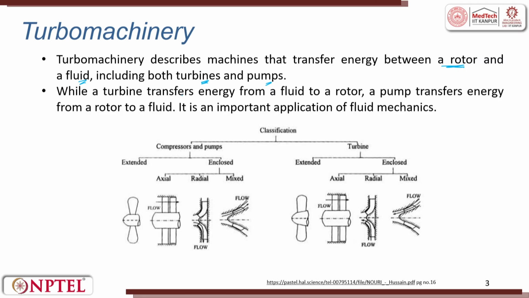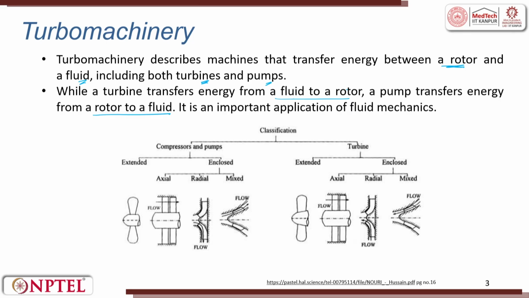While a turbine transfers energy from a fluid to a rotor, a pump transfers from a rotor to a fluid. There is a difference. Friends, understand the difference. There is a transfer between fluid to rotor. When we saw the hydro power corporation and all, what they do is the fluid is used to push the rotor and then the rotor rotates.